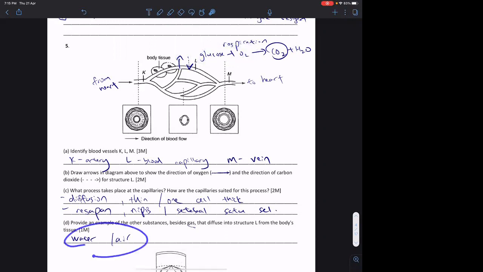So if you cannot remember this, then what can you write? If I cannot remember water, then you say waste product. Okay, waste product, bahan buangan. I mean, this answer is a bit risky because some teacher will say this is wrong because it's very not specific. It's too general.